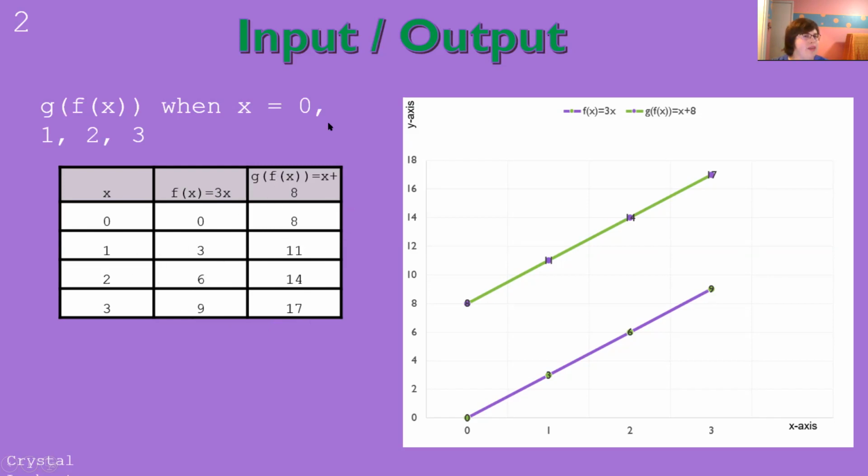When we get to that third column, a lot of you are going to think, oh, I need to put that x, 0, 8. And that is exactly what we do. And then we're going to put 1, 11, and 2, 14, and 3, 17.